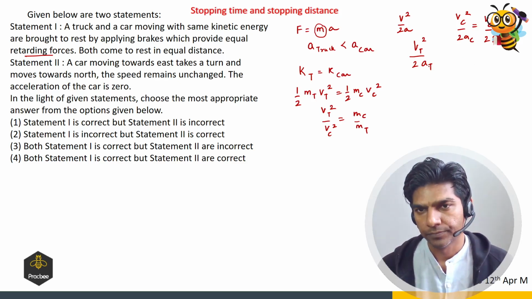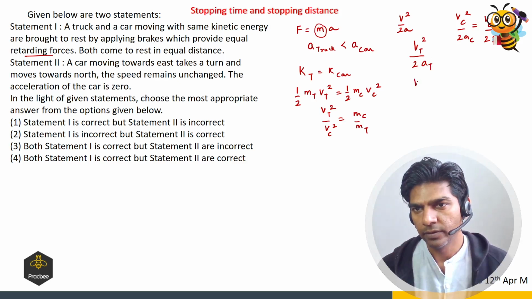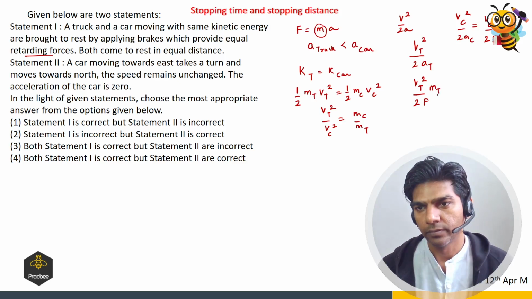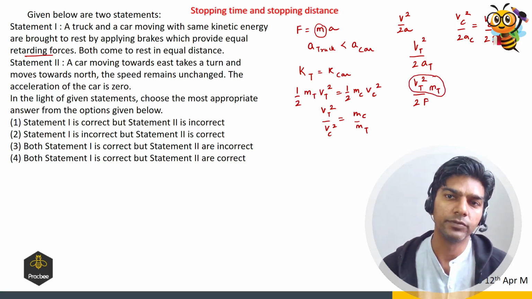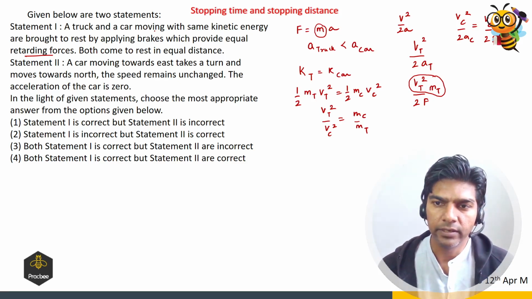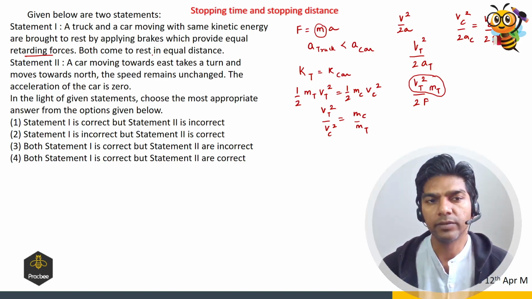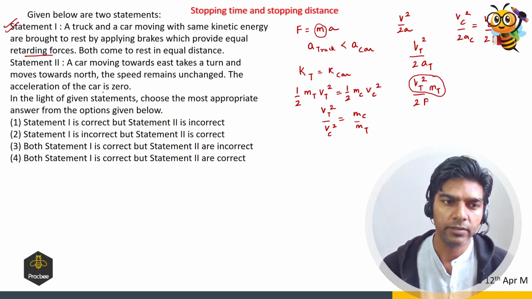Similarly, this can be written as Vt square divided by 2f by mt. Can you see this, in the numerator we are getting mv square, which is nothing but the kinetic energy. So if the initial kinetic energy is the same and the retarding force is the same, both will have the same stopping distance, right? So statement 1 is correct.